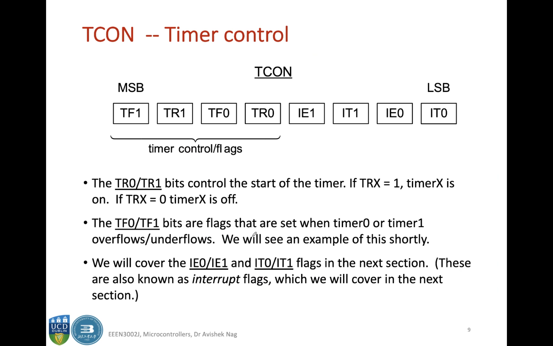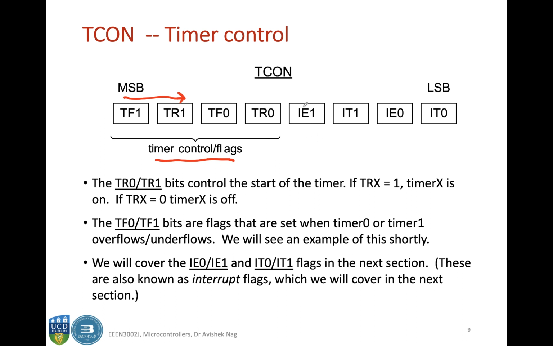So now let's see the TCON register. In the TCON register, again you have different bits which have different functions. These 4 bits starting from the MSB towards this direction are the timer control flags.